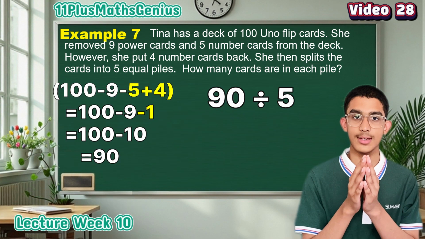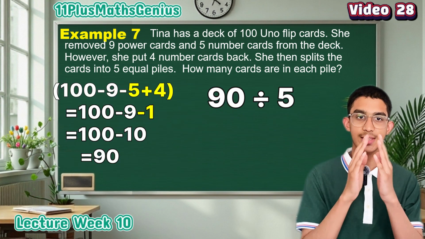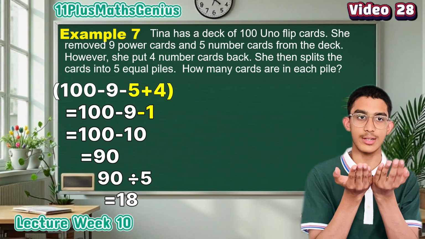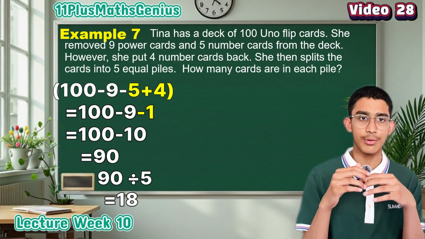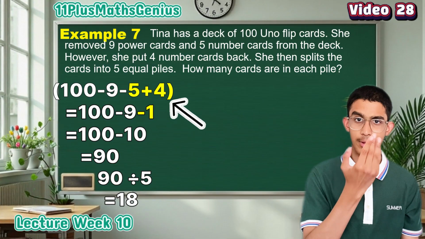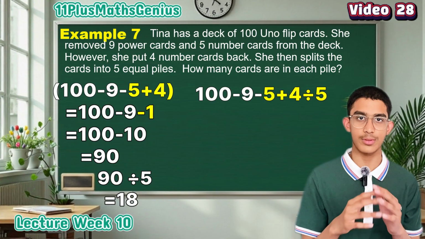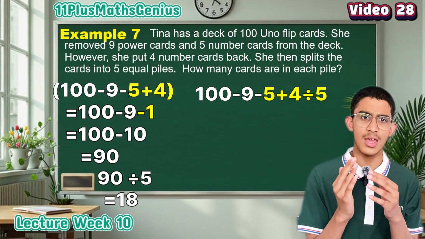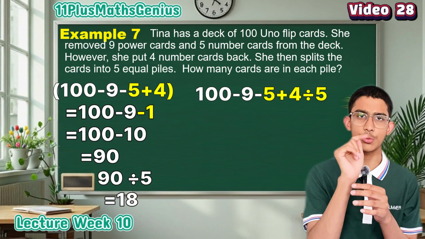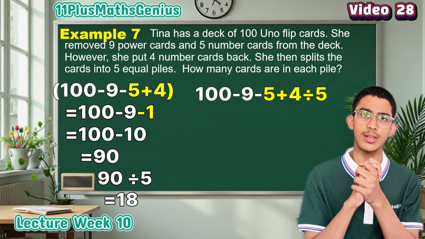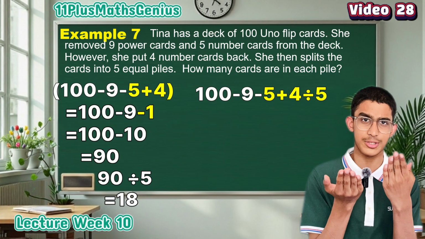Now, 90 divided by 5 is 18, so each pile has 18 cards. Here we put brackets. This is because if we don't use brackets, it will look like this. 100 minus 9 minus 5 plus 4 divided by 5. And you can see that we are dividing 4 by 5, which gives a completely wrong result.